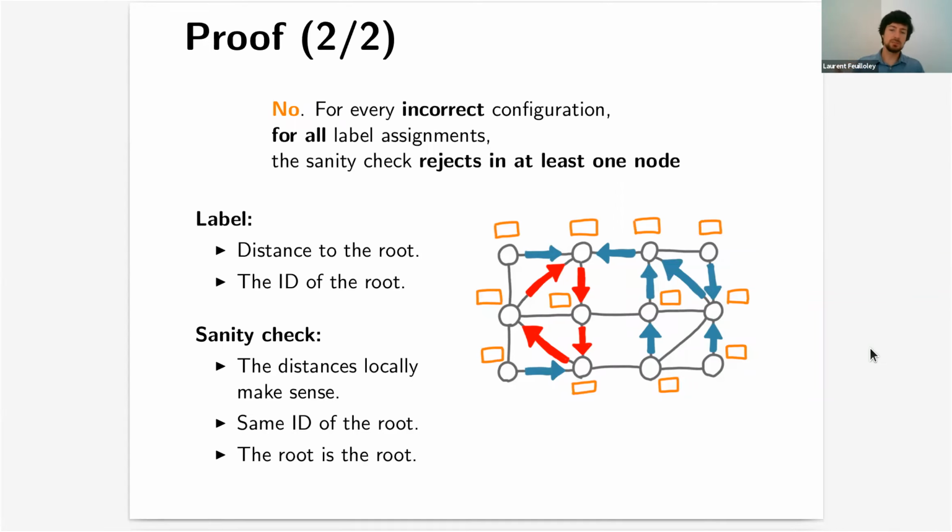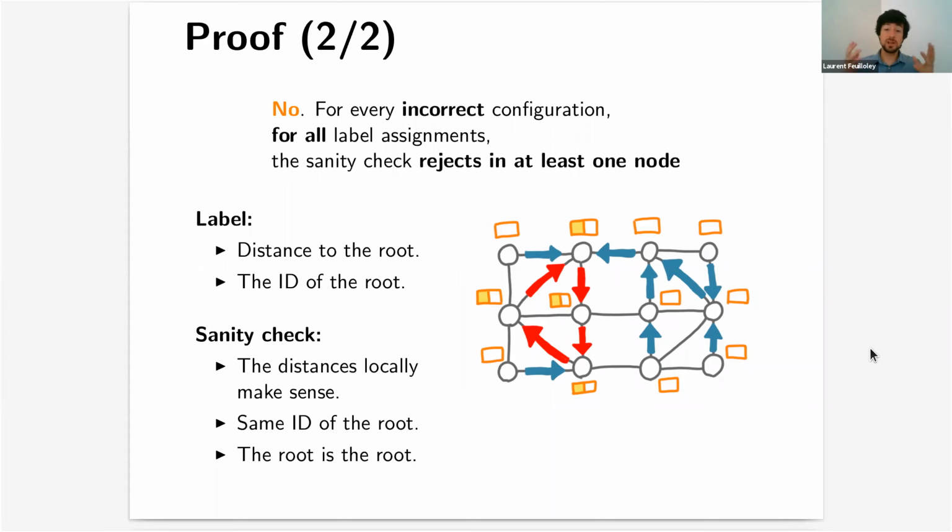So if you have a cycle and you allow the adversary to write the labels, then what happens? I will convince you that there is at least one node that rejects with the sanity check. And maybe you already have this feeling that actually on the distances on the cycle, there should be something that goes wrong. So I will focus on these distances.